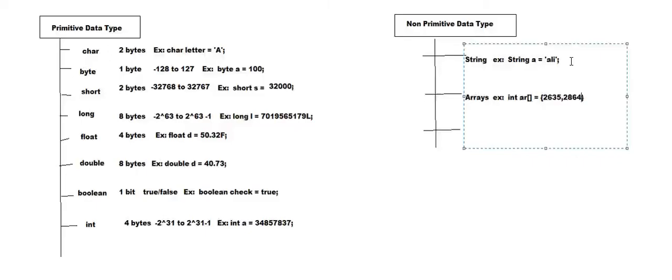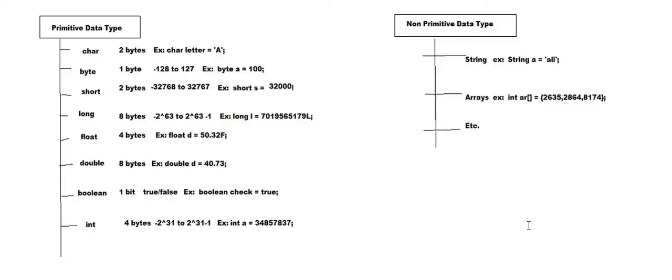It is going to store multiple values, but it is homogeneous in Java. Next we have some others, so there are so many non-primitive data types. The popular ones are string and arrays. So this was about the non-primitive and primitive data types. I hope this is very clear to all of you.